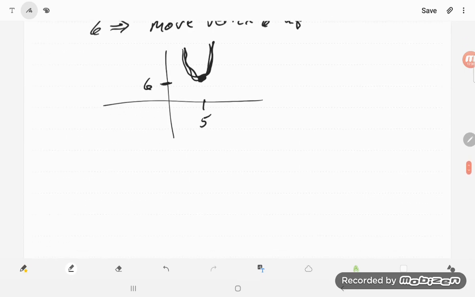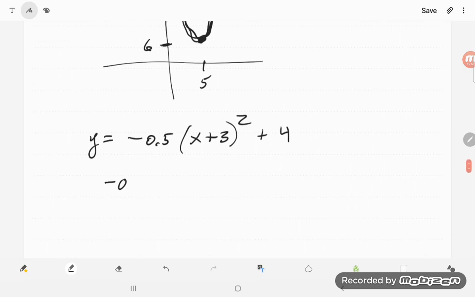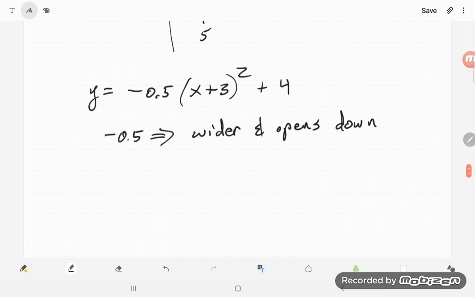On the other hand, if I have y equals negative 0.5 times (x plus 3) squared plus 4, well, the negative 0.5 says it's wider and opens down. The 3, notice that's a plus 3.